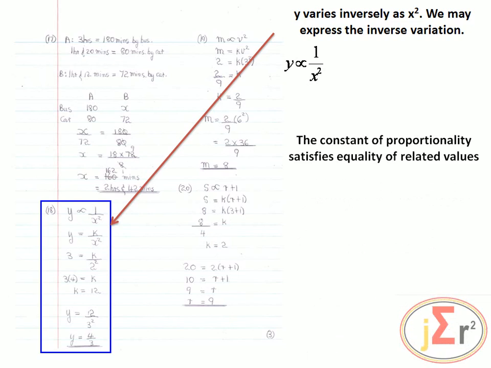The constant of proportionality satisfies equality of related values, as we demonstrated on our previous slide. When we include that constant of proportionality, then we may equate both sides of the original relationship.